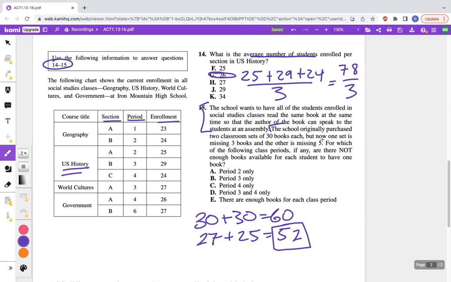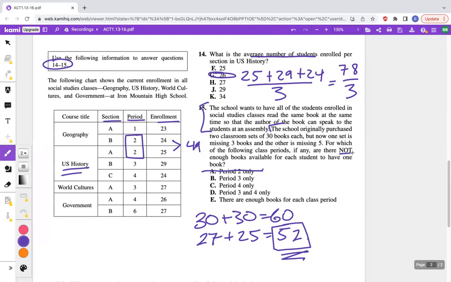My answers are 2, 3, 4. So I'm going to look here at period 2. There are 2 classes that happen at period 2. I'm going to add these together and see if there are enough books for these students. So 24 plus 25, that's 49. So 52 books is enough.